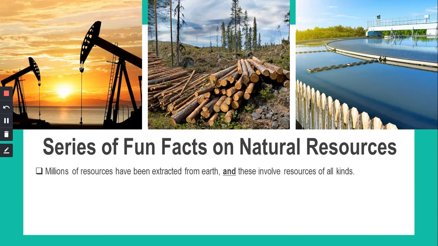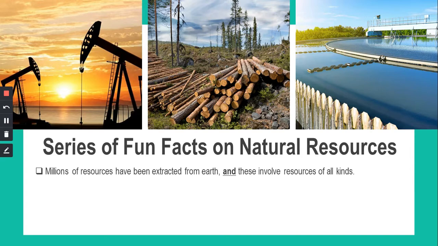Jadi konektor selalu didahului oleh sebuah tanda koma, as you can see in the example. Dan kamu juga perlu memperhatikan kalau first sentence dan second sentence punya one subject and one predicate. Seperti di sini kita punya millions of resources. Predikatnya dia diikuti oleh have. Kemudian second sentence, subject these, kemudian ada predicate involved.